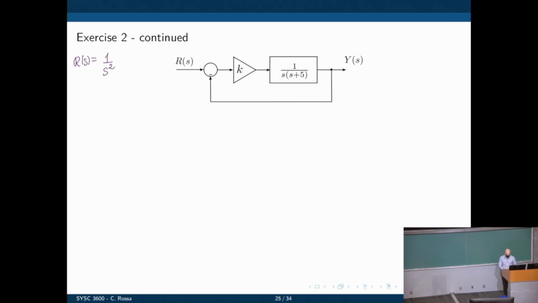Where is the error? Well, the error is right here. It is the difference between the desired input R and the actual output Y. Before we do that, we need to define, so let me write here, error is R of s minus Y of s. We know what R of s is, we need Y of s. And to find Y of s, we need the transfer function. So what is the transfer function Y over R?